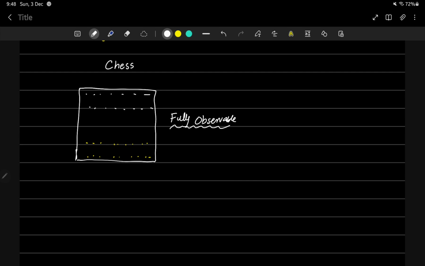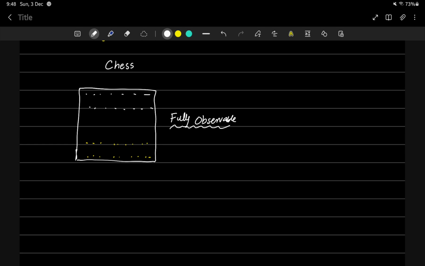In a formal definition, we can say in a fully observable environment, the agent's sensors have complete access to the current state of the environment. The agent can directly observe or sense every single thing it needs to know about the world.